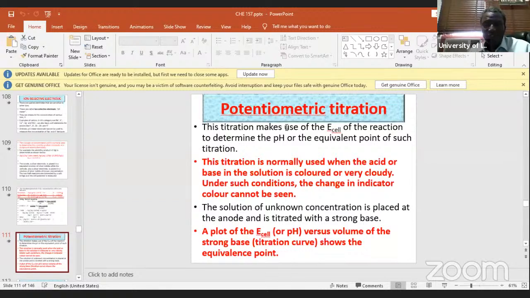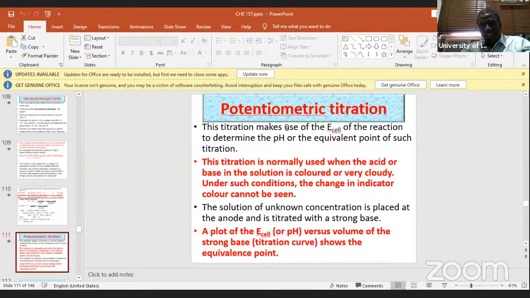In this case, the solution of unknown concentration is placed with an electrode and is titrated with a strong base. You make a plot of the changes you find in the E cell against the volume of the strong base that we are adding. There's a point where you see a sudden change.